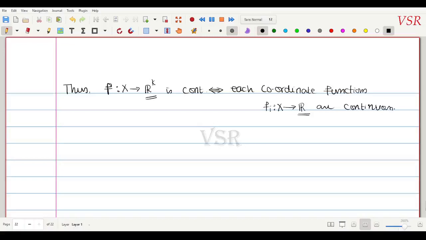So this is the theorem we have proved. Then f plus g and so on are very simple.